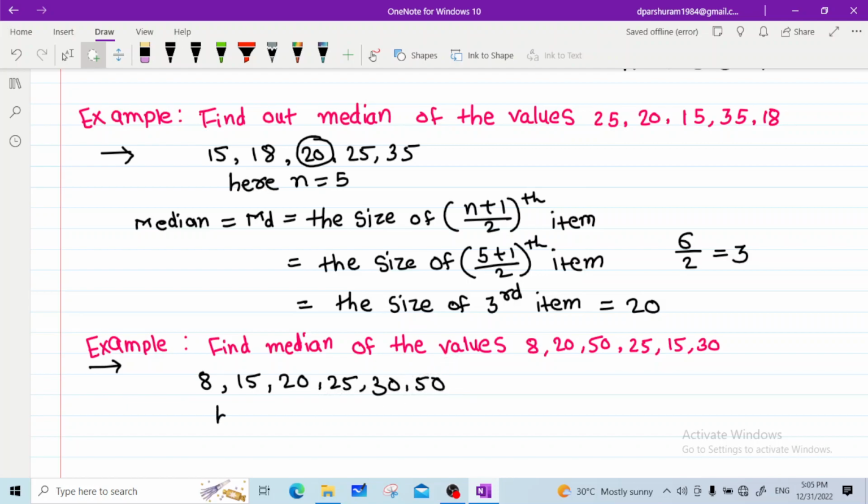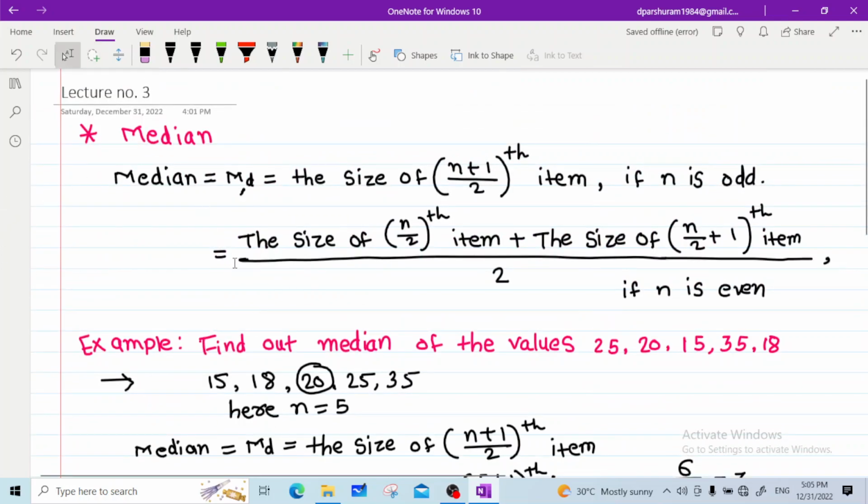Here the value of n is equal to 1, 2, 3, 4, 5, 6, which is an even number. So here we have to use this formula.